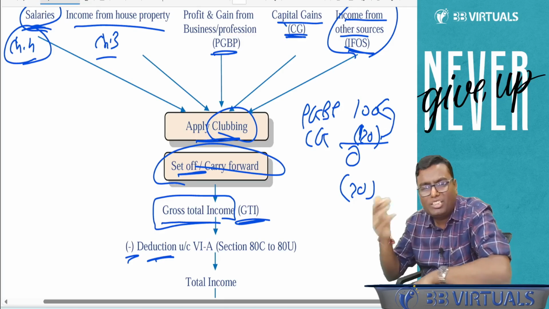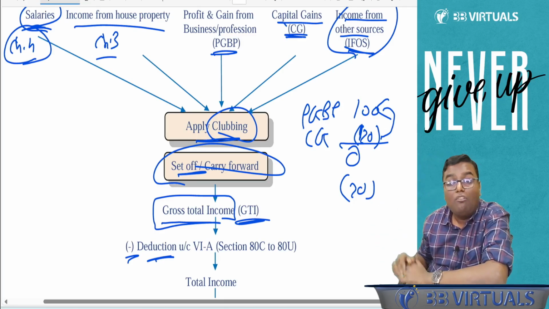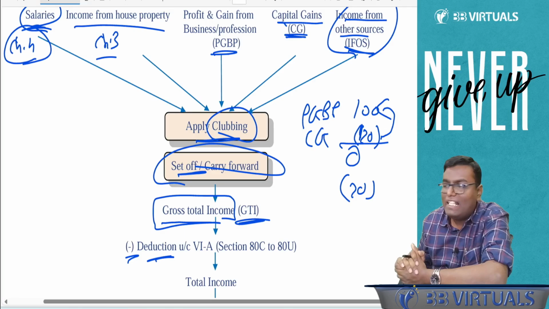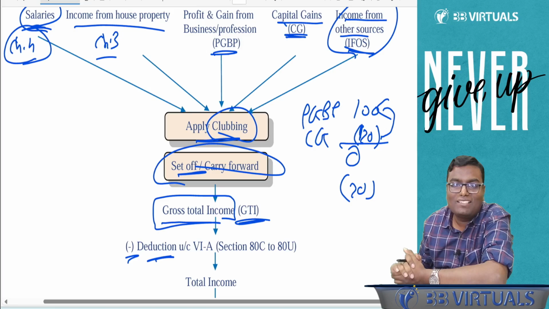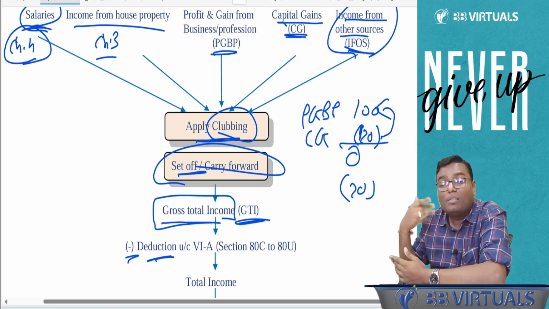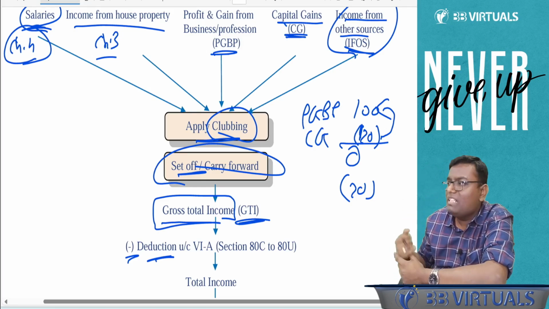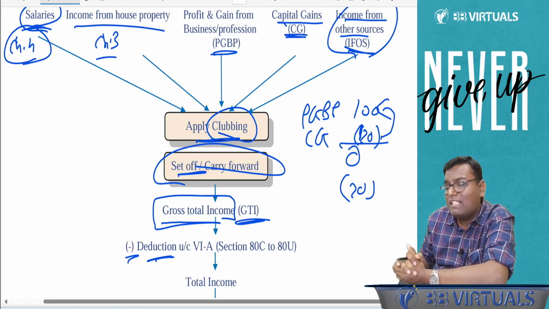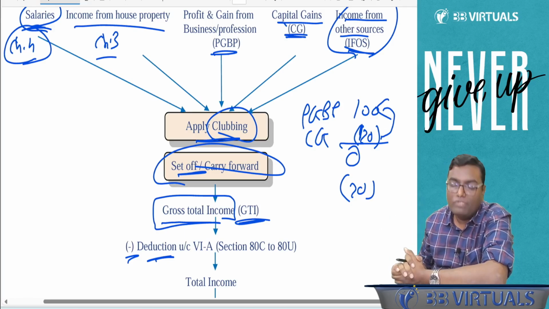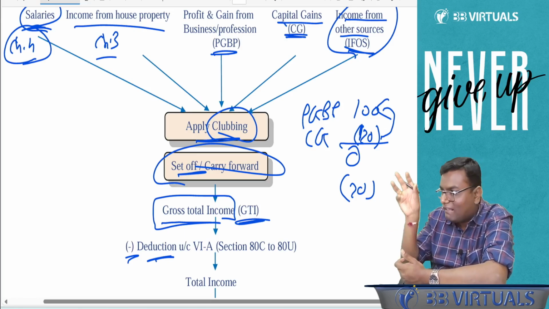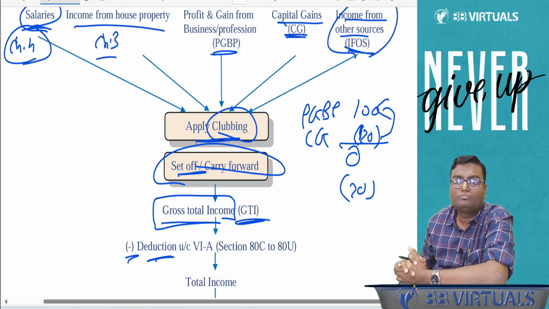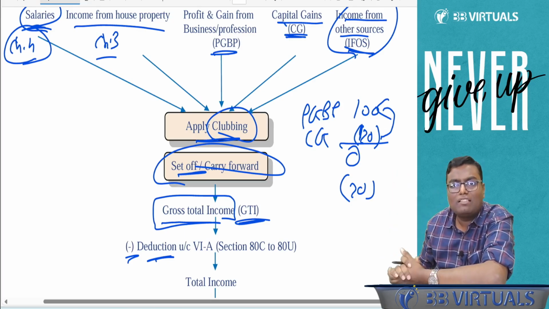While calculating the 5 heads of income, you have not deducted all the expenditure. Some expenditure must be of personal nature. Some expenditure can be like investment. Something is like donation, for which the government wants to give you a deduction so that your taxable income reduces and your tax is also minimized.